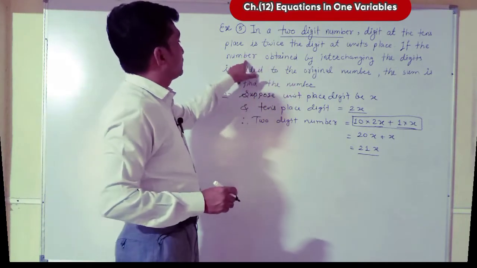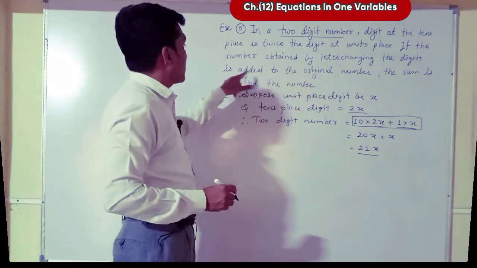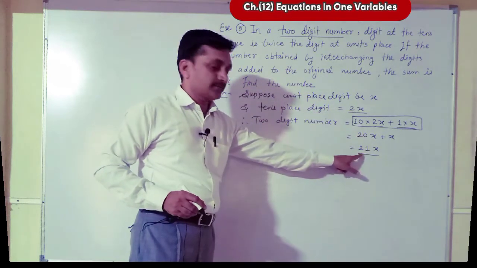What is next? If the number obtained by interchanging the digits is added to the original number. Now this is the original number.